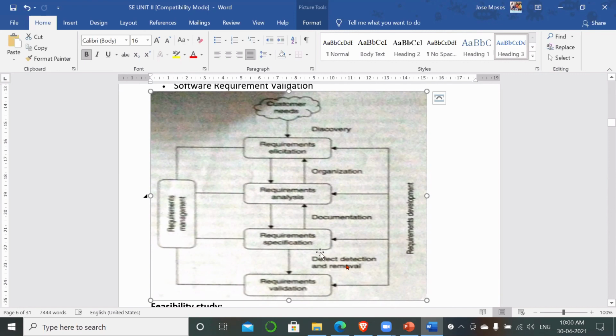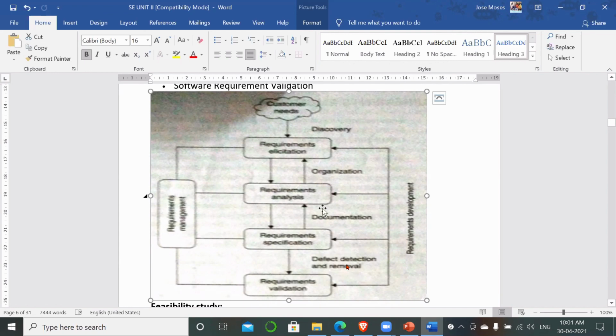If I ask you to write about software requirement specification, you may draw this diagram. If you don't know what to write, at least draw this diagram and explain some words with reference to requirement specification. In this diagram itself you are writing the summary: what elicitation is, what analysis is, what documentation is, and what validation is.